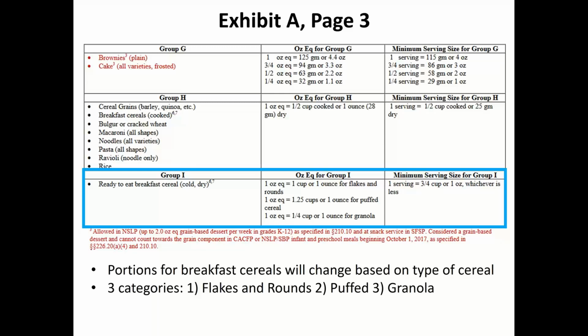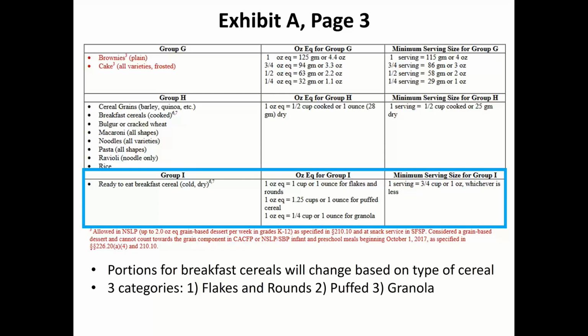And if you're confused about which cereals go into which groups, just know that in general, flakes and rounds include cereals like Corn Flakes and Cheerios. The Cheerios would fall under the rounds category because we're thinking about rounds as these donut-shaped cereals. Puffed cereals would include cereals like Kix and Chex.